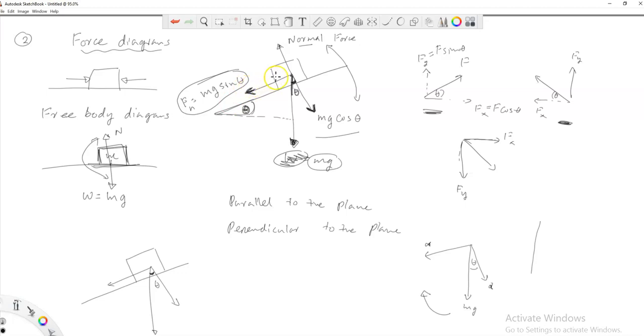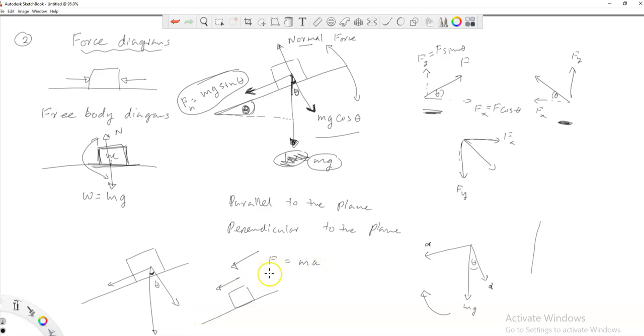The object will move down the ramp, so we can write Newton's equation this way, parallel to the ramp, F equals ma. The ramp is like this, object on it, so we write the force equation in the direction where it's moving.